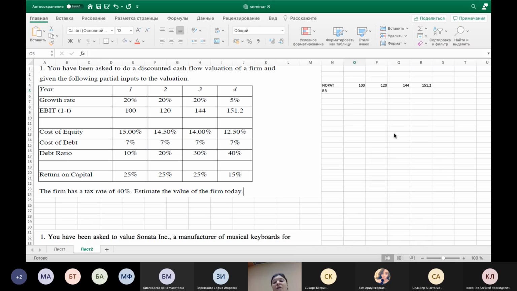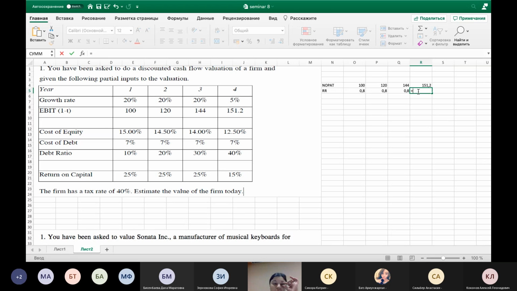So our reinvestment rate equals our growth rate 0.2 divided by our return on capital 0.25. It is 0.8 reinvestment rate for the first, for the second, and for the third variant.